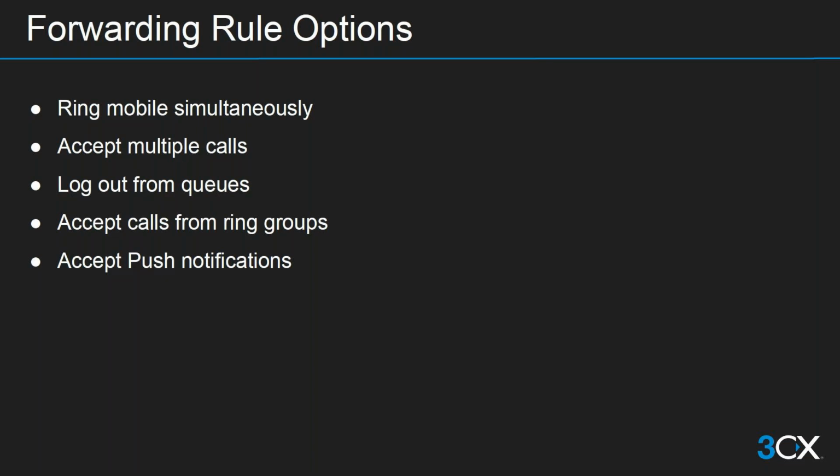You can say, no, I don't want that, and then the call is not going to you. If you accept calls from ring groups, then someone answers the call, the caller says, I would like to speak with that person, and then they can forward the call to you when accept calls from ring group is enabled.